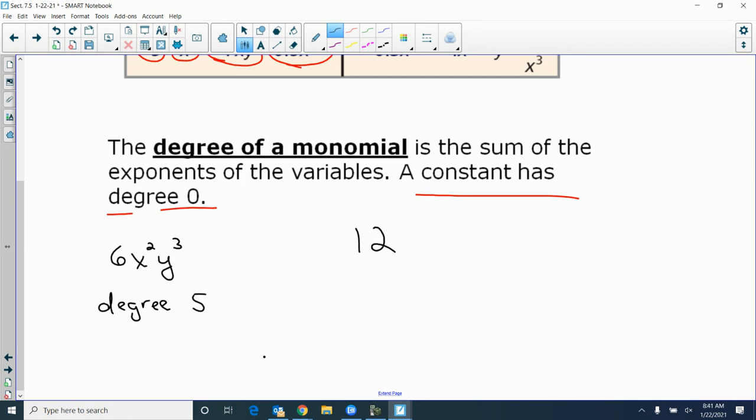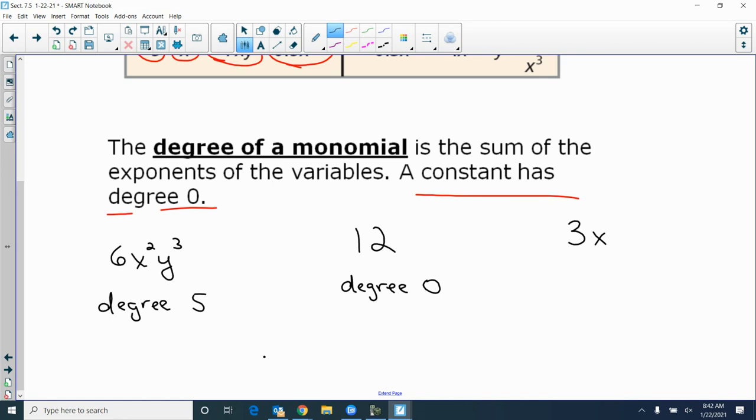What's its degree? 0. Degree 0. We just got done with exponents, and we told you that 12 really does have an exponent of 1, but the vocabulary is a little bit different here. Now we're talking degrees. So it's 12 to the power of 1, absolutely, but it's not degree 1. Degree 0, because we define it to be that.